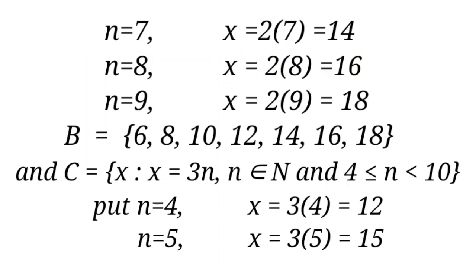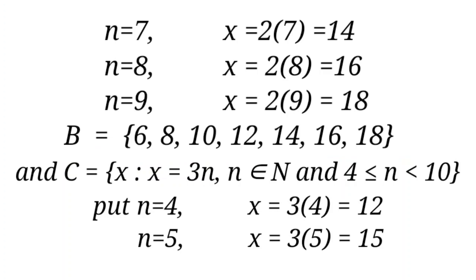Put n is equal to 8, x is 2 into 8, we get 16. Put n is equal to 9, x is 2 into 9 is equal to 18. Therefore, the set B is equal to {6, 8, 10, 12, 14, 16, 18}.